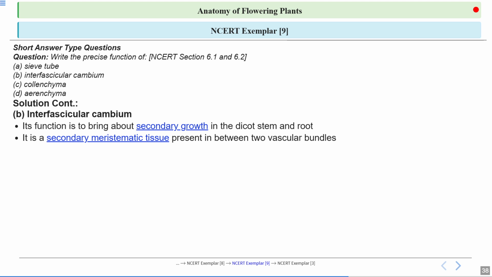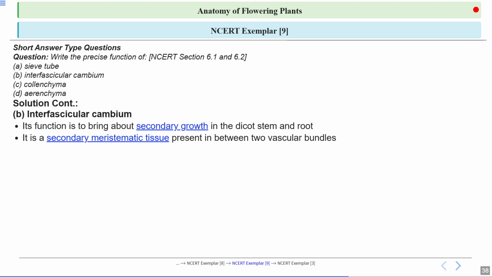It is secondary meristematic tissue present between two vascular bundles. Between two vascular bundles, I am not saying in a vascular bundle. In a vascular bundle, between the xylem and phloem, that is the cambium, and that cambium is called intrafascicular cambium. And interfascicular cambium means between two vascular bundles.